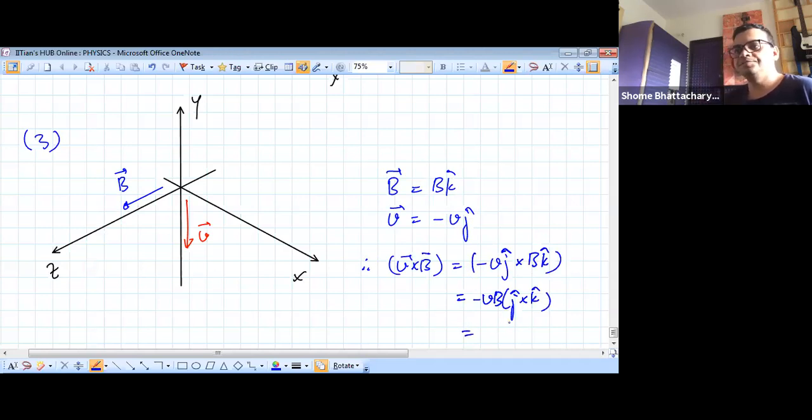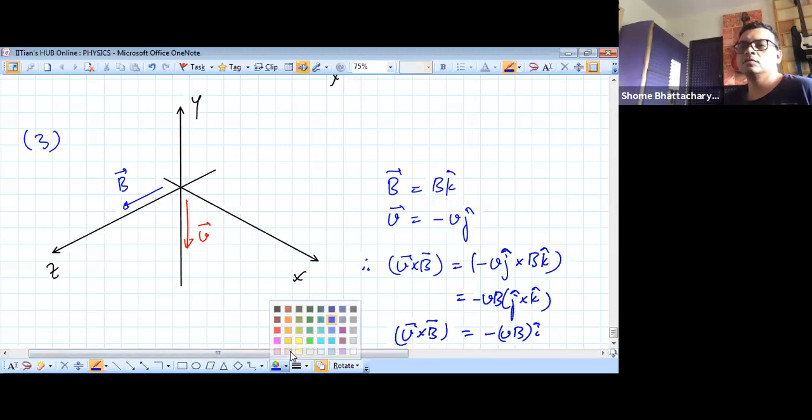Sorry, which is i. So this becomes minus VB i cap. This becomes our V cross B, which you can also see by the right hand palm rule here. If you do V cross B, it will point in this sort of direction. This is your direction of V cross B, along the negative x-axis.